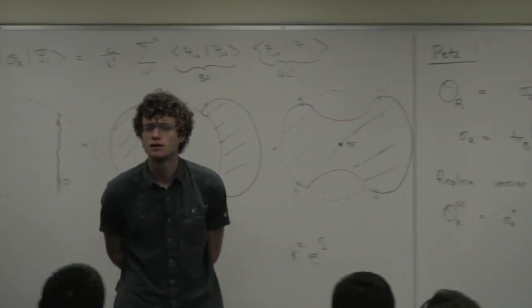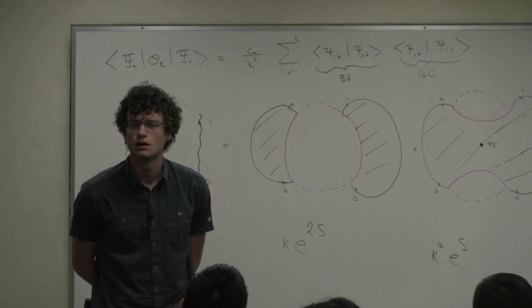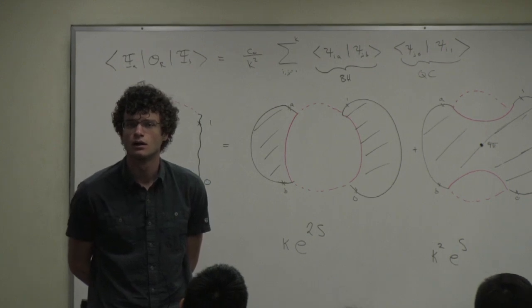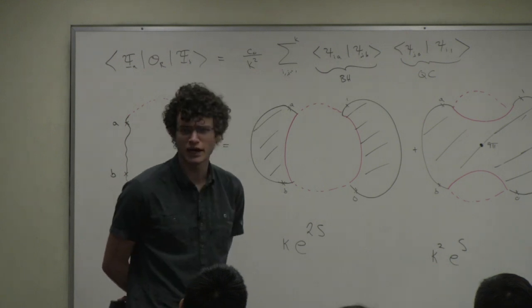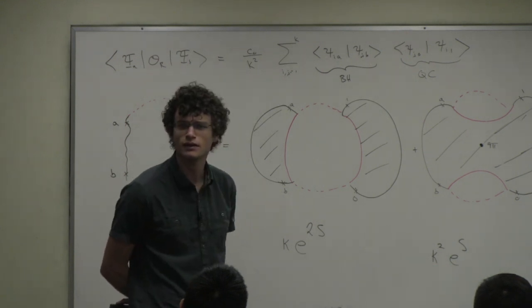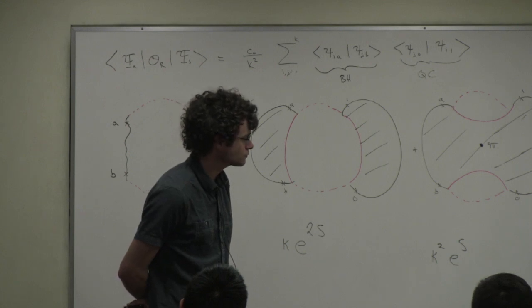So if I conjugate O by some unitary that acts only on B, the Petz map is unaffected. How should I think about that? If you say it again, if you conjugate what by? O, that operator that's sitting inside trace B, by U_B times the identity on the rest, then it doesn't affect O_R.